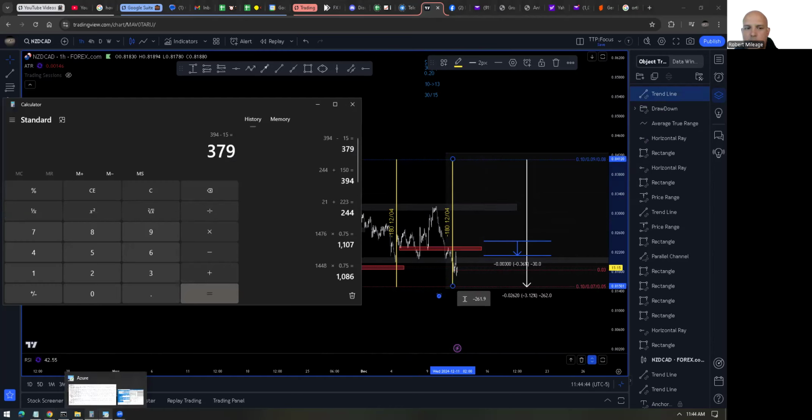NZDCAD is $2 plus 15 plus 125, 142. Nice. Okay. So we're at 142 on that one.